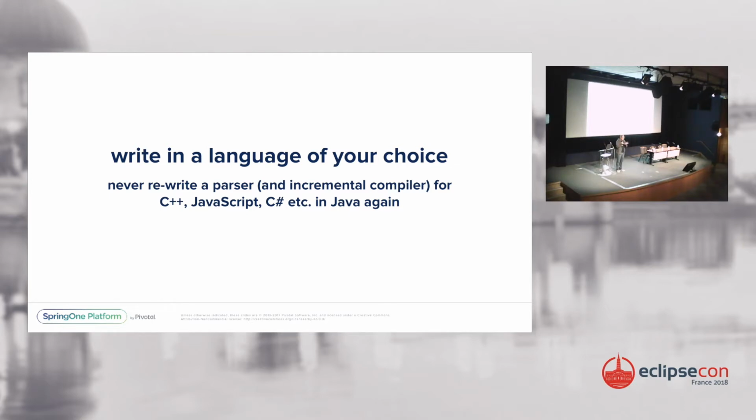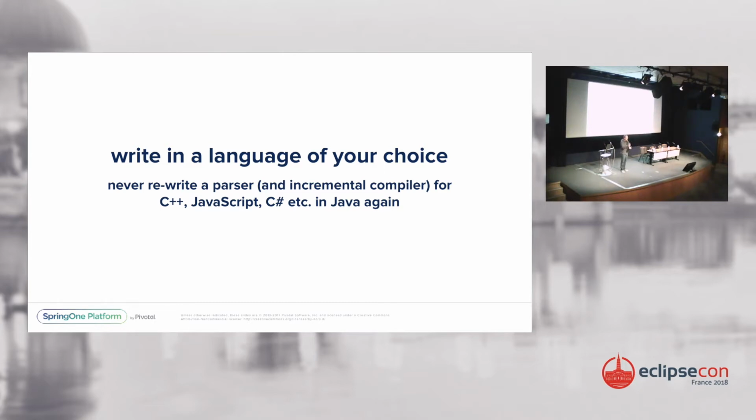The whole thing, they re-implemented everything in Java because you have to build stuff in Java to make it run in Eclipse, especially in the old days. This was really kind of a horrible thing to do, of course, because it's all there in C, and it's all there in C++, and all there in C#, whatever. But they weren't really able to reuse that. And you can do that with language servers.